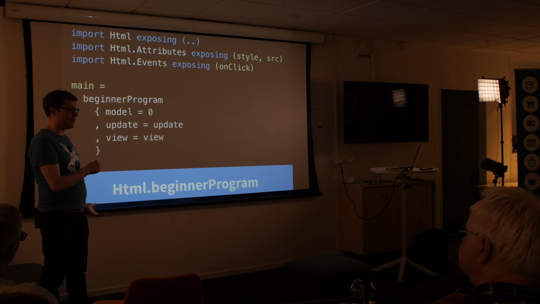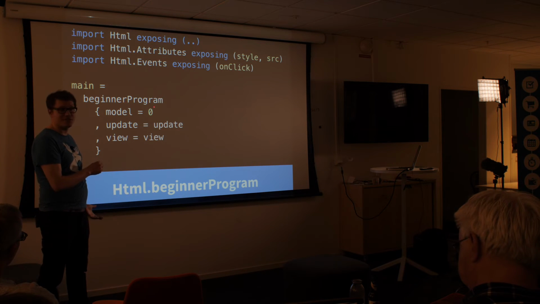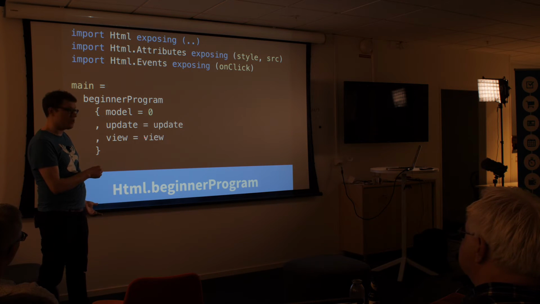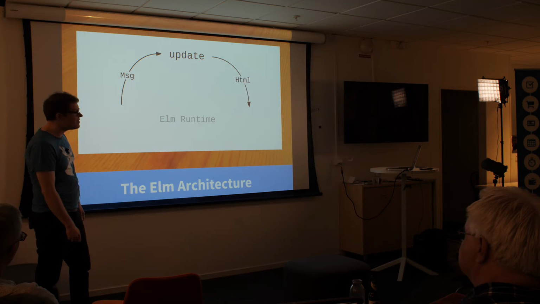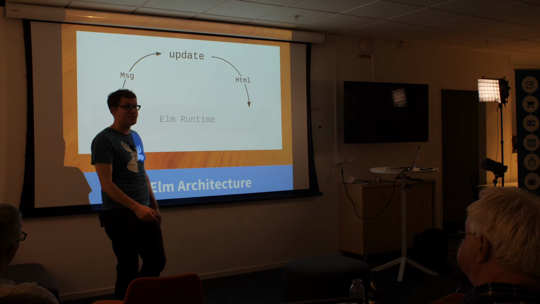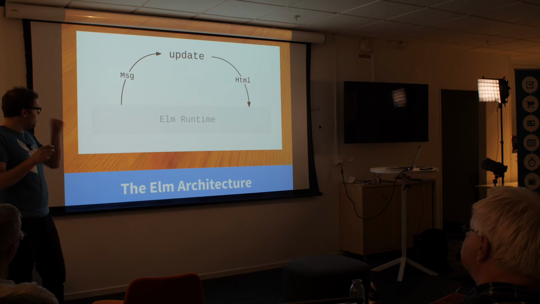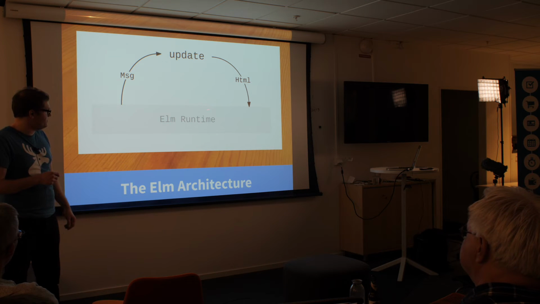In this case, we start with an empty application. There's no happy avatars, 0. Then we specify our update function and our view function. This is how the Elm architecture is described in the Elm documentation. So you have your Elm runtime.